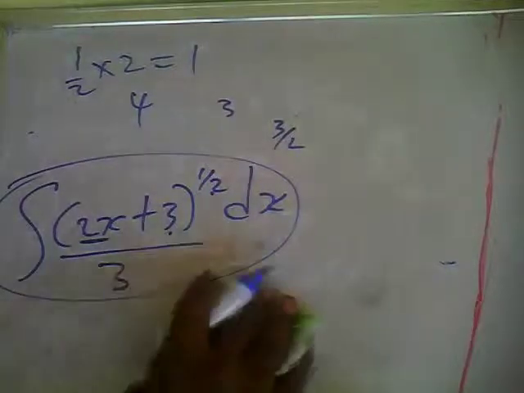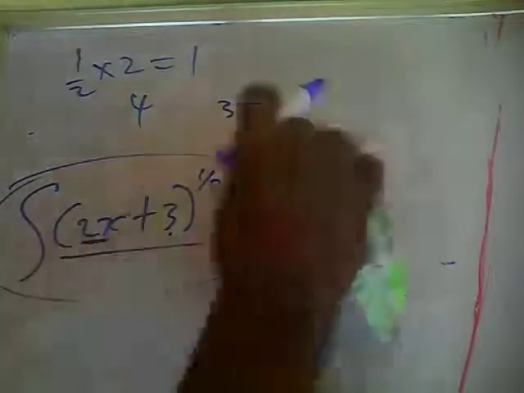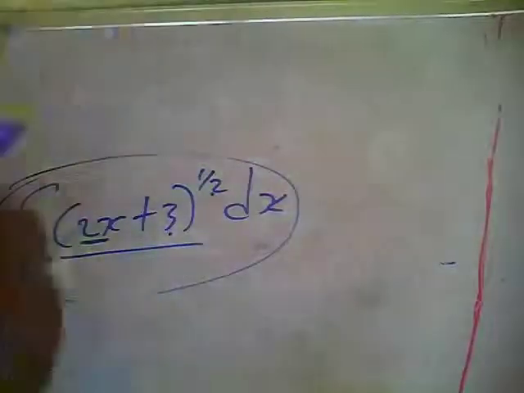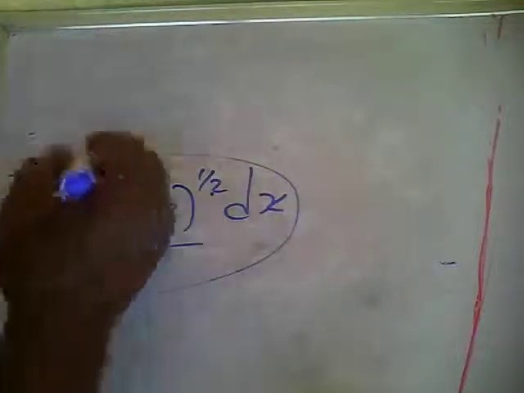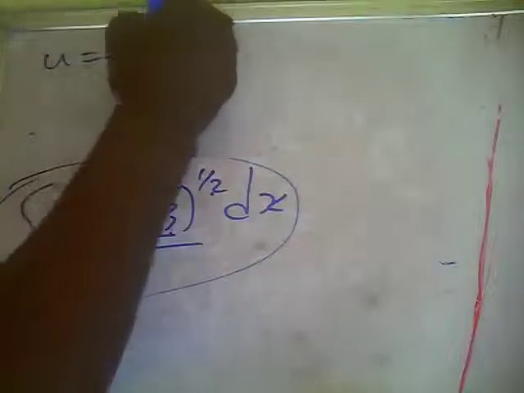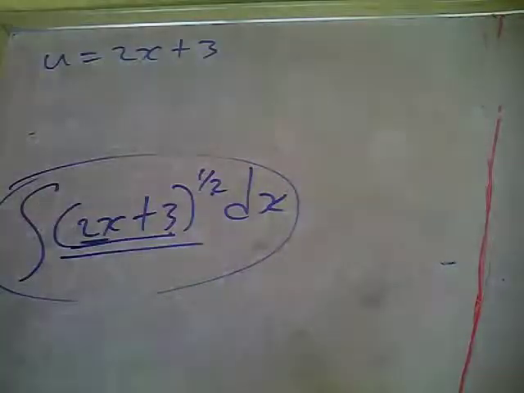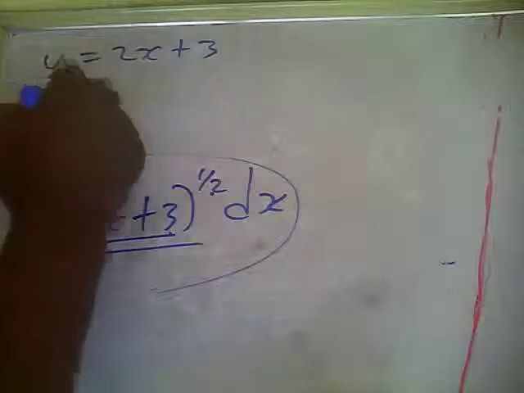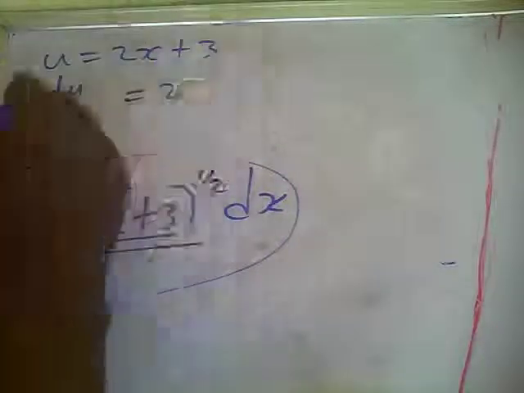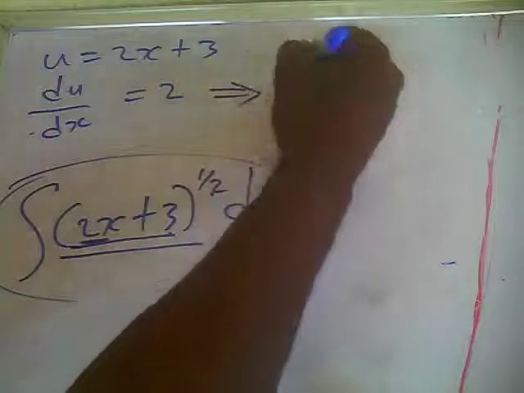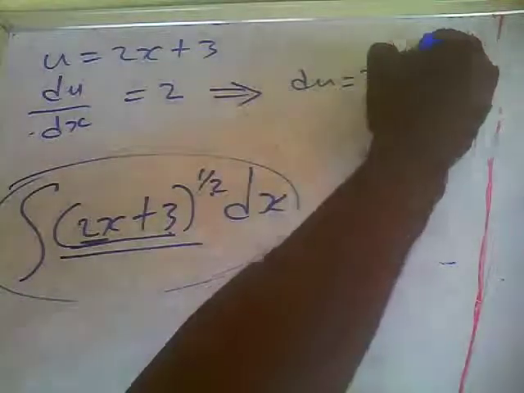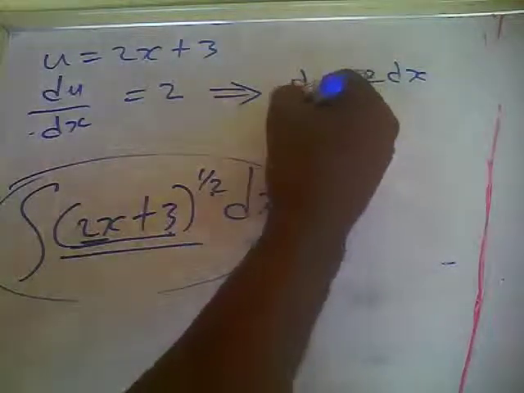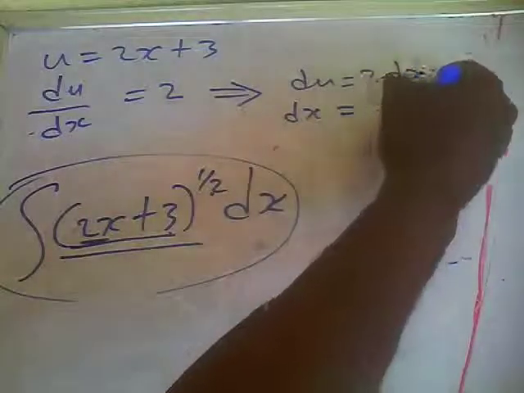Now, if we want to work it out really, we have to first pick this content and let u be equal to the content of the bracket, 2x plus 3. Then we differentiate that, we have du dx will be 2. So that implies that du is equal to 2 dx, meaning that our dx is du over 2.